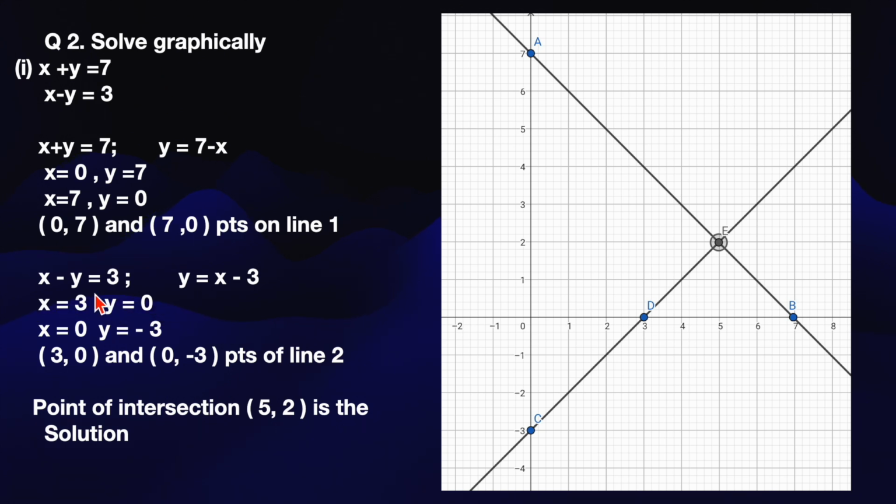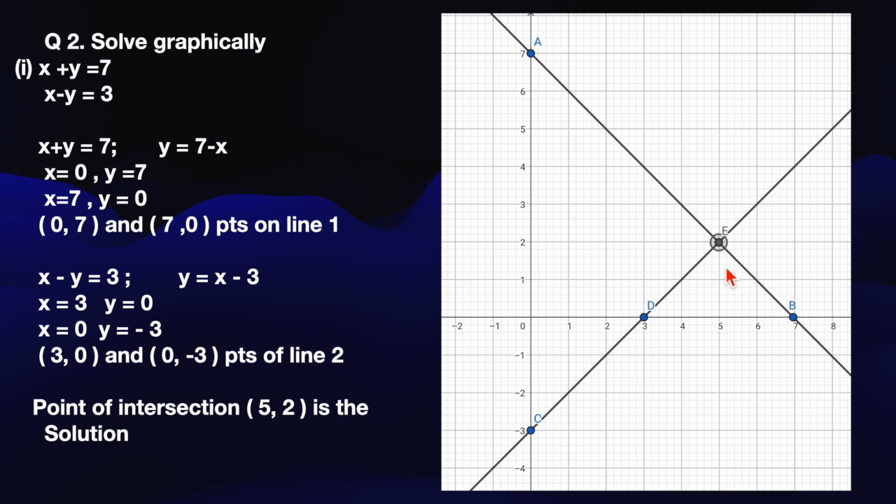Now take the second line, x minus y is equal to 3. y is equal to x minus 3. Put the value of x as 3, you get y is equal to 0. Put x as 0, you get y is equal to minus 3. Again, two simple points. You can easily plot it. This is 3, 0 and this is 0, minus 3. Draw a line.